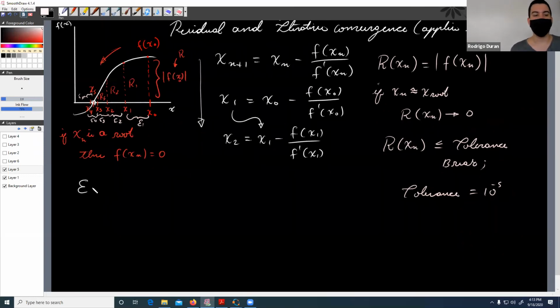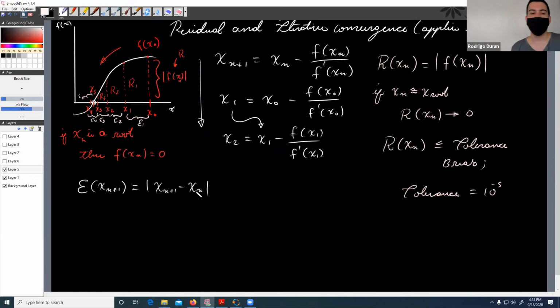So the iterative convergence: epsilon at xn plus 1 is going to be equal to the absolute value of xn plus 1 minus xn. So this is the distance between all of those x's.